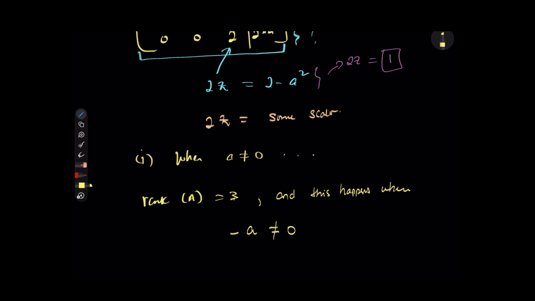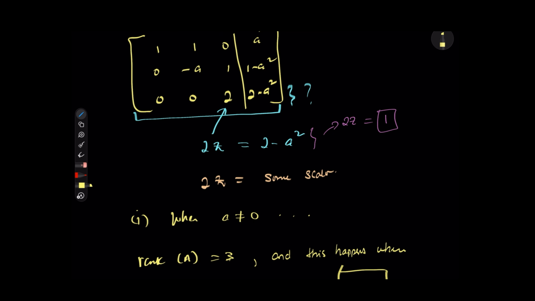Negative A is not equal to 0 if and only if A is not equal to 0. So that is why the solution for part 1 is that A is not equal to 0. Because as well, the three columns that we have here, these are all pivot columns.